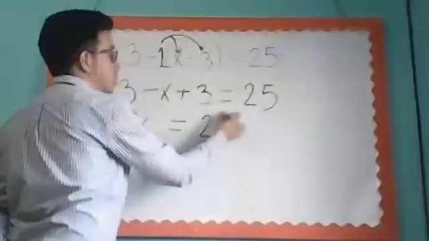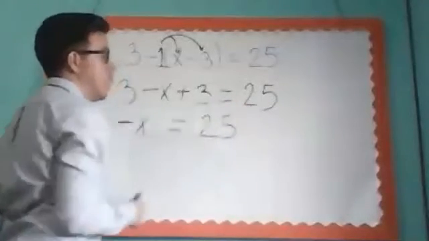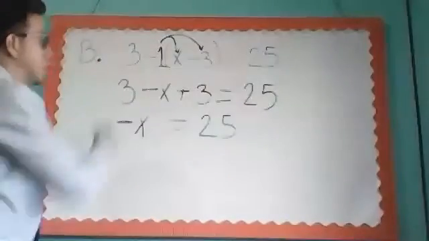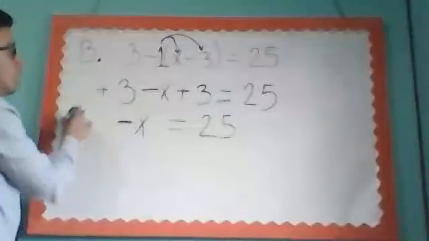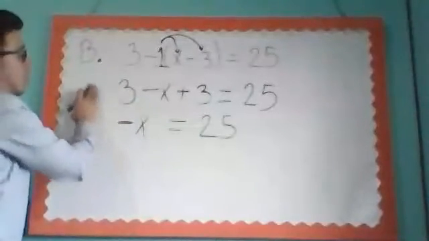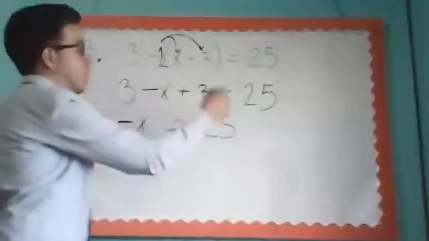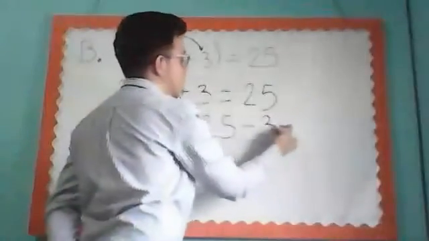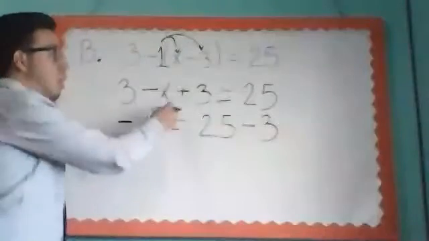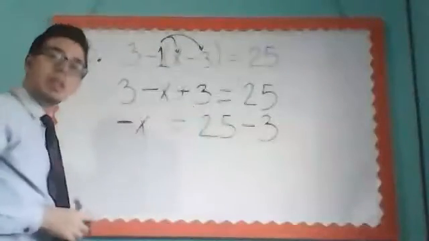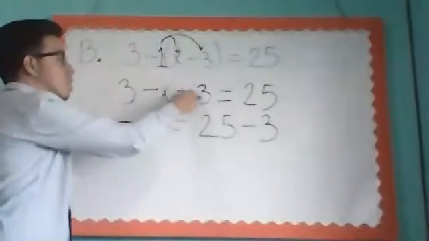25, you already have it in here, the 25, and you subtract the 3 because the 3 was positive. Only that I don't write the positive, so I'm going to the other side to subtract the 3. And now I have this other 3. This is in addition.